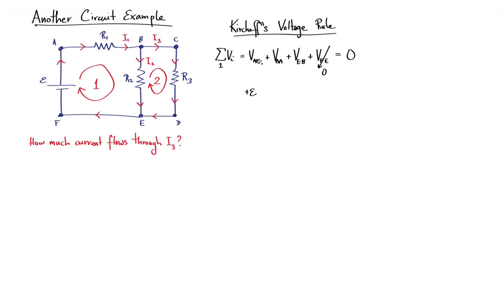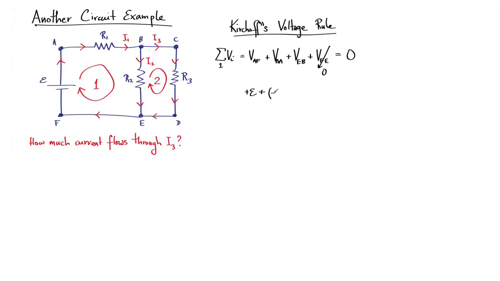All right, so V from F to A was E. V from A to B, what is that? Well, there's going to be a voltage drop across this resistor. As we said earlier from these tips, if we ever move with the current across a resistor, that's going to be a drop in the voltage.